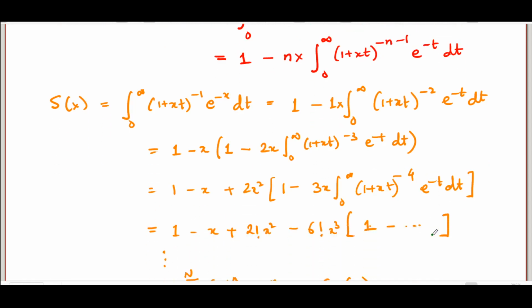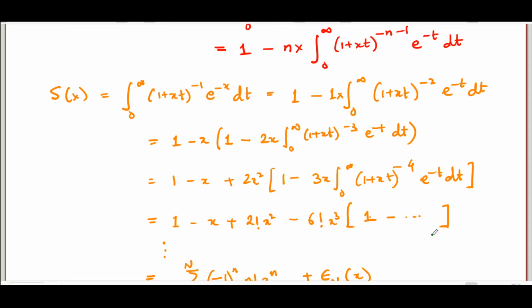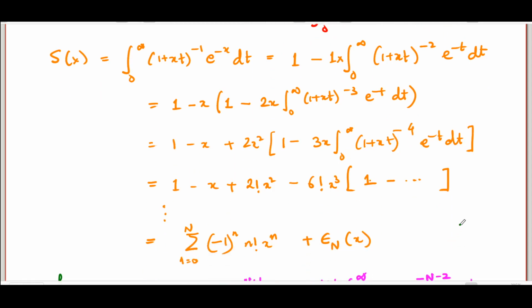And you can easily see that you can keep on doing this over and over again, and you get 1 minus x plus 2x squared minus 3 factorial x cubed times this integral, which is 1 minus 4x into something like that. And as you keep on doing this, up to capital N terms, you will get small n running from 0 to capital N, minus 1 to the n, small n factorial x to the n, plus an additional term which will come from an integral like this, which we have still not worked out.